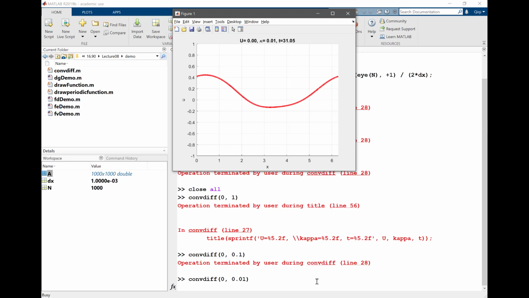The equation I just simulated, with zero velocity and a non-zero kappa, a non-zero second order derivative, is sometimes called a heat equation. Why is that the case? Because the equation describes how a non-uniform temperature distribution evolves in time.